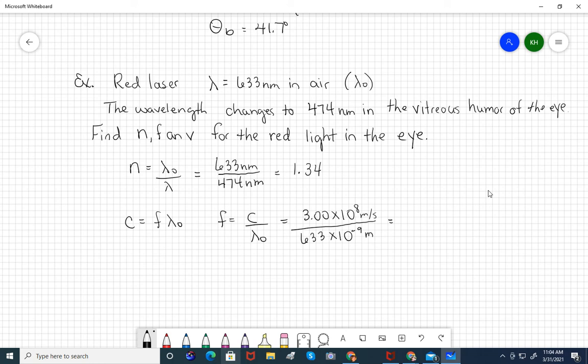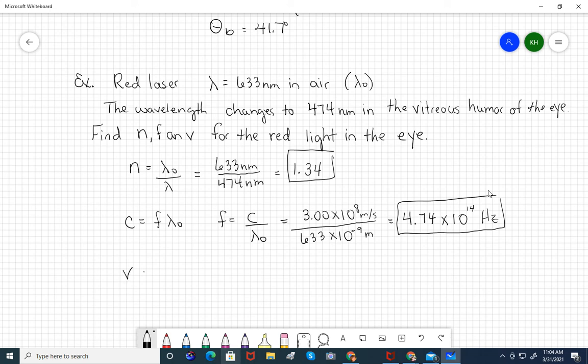And I get that the frequency is 4.74 times 10 to the 14th hertz. There's our index of refraction. There's our frequency.